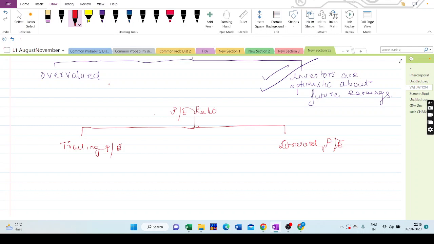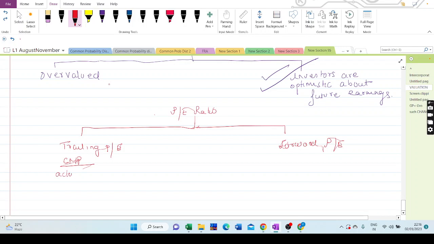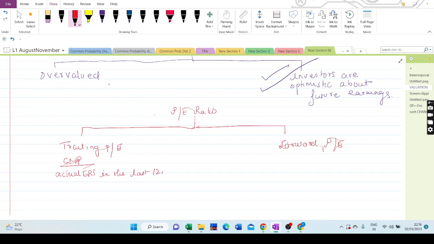Trailing PE is basically the current price of the stock divided by the actual EPS in the last 12 months. And forward PE is calculated by dividing the current market price by the estimated EPS over the next 12 months.